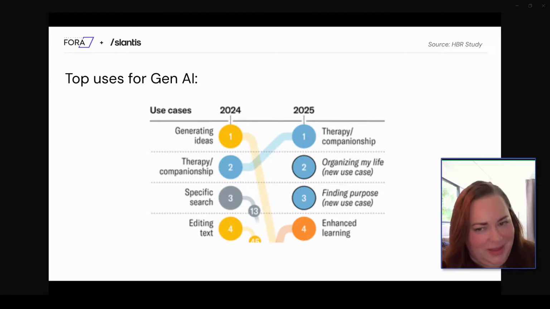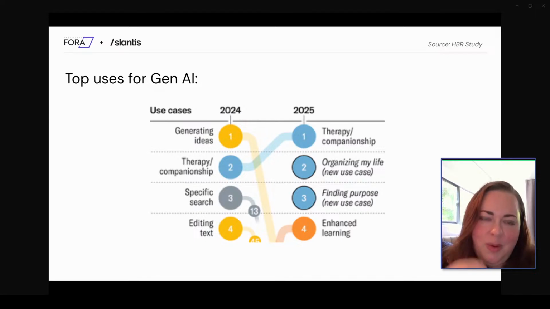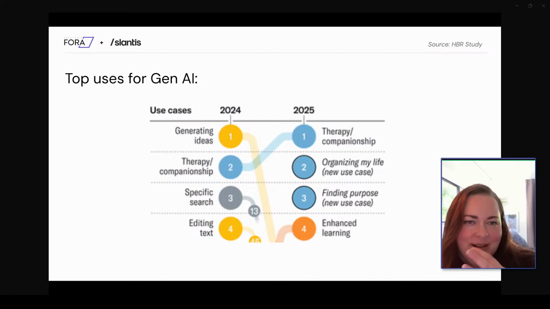So what this tells us is what people are really searching for and what matters to us is not about doing the work, or getting their homework done, or even writing marketing copy. It's about these higher level issues that we face as humanity that we can only solve together by investing in human connection.